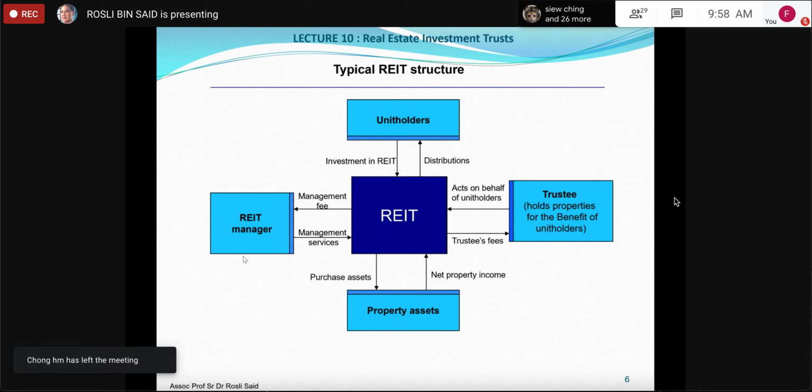Because REITs have become famous from time to time, they tried to conquer the REITs market. They wanted to control the REITs business through their own manager. That means they appoint their own manager, who is not qualified, who is not a registered valuer.